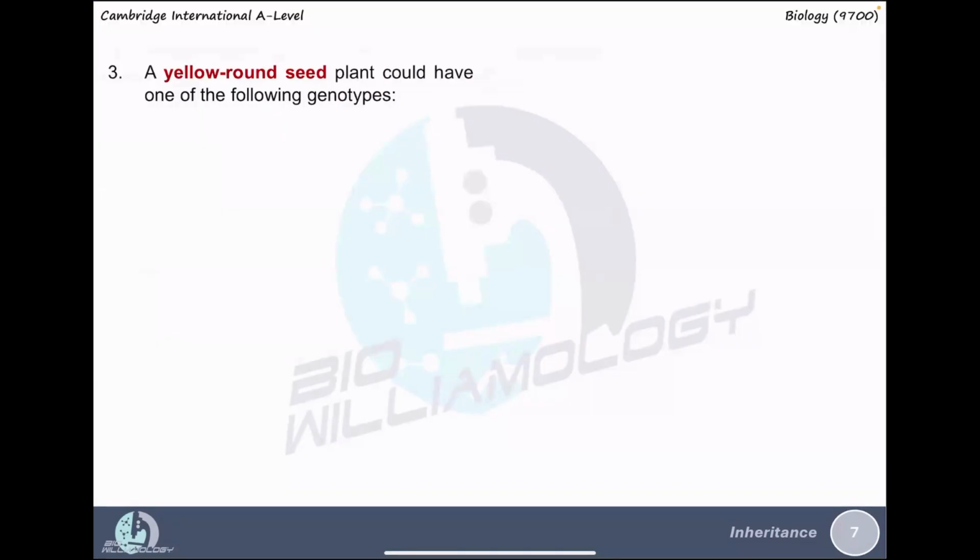A yellow round seed plant could have one of the following genotypes: homozygous dominant for Y and homozygous dominant for R, heterozygous for Y but homozygous for R, homozygous dominant for Y but heterozygous for R, or heterozygous for both gene loci.